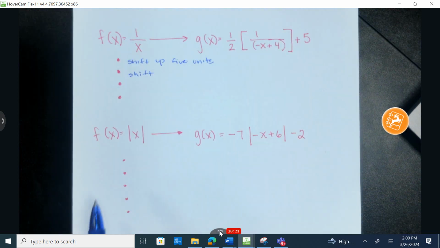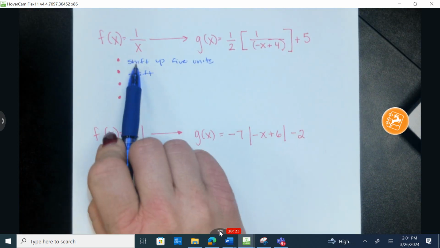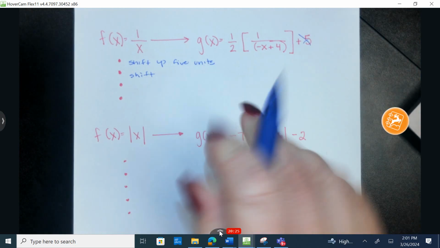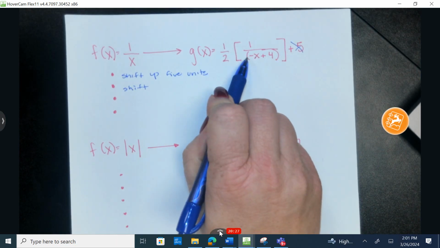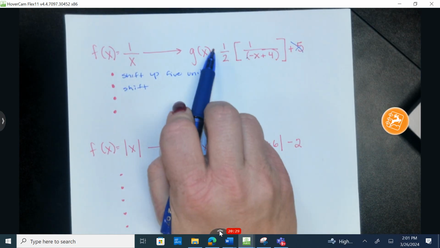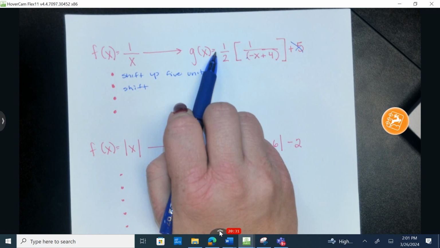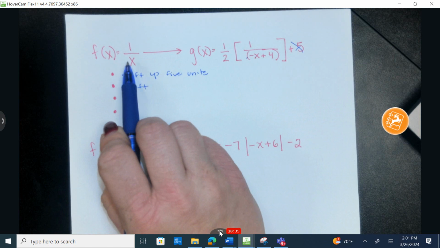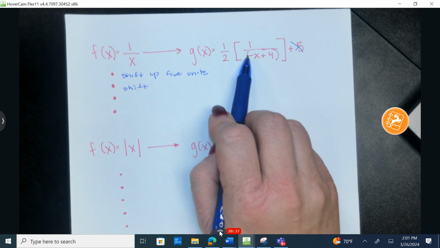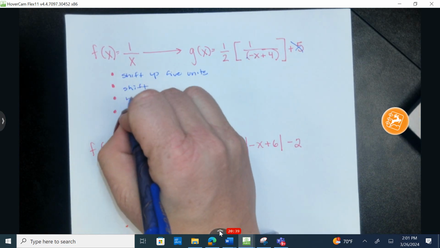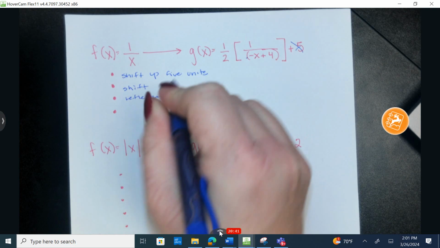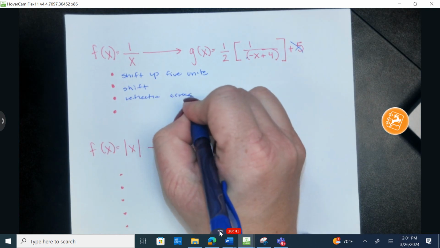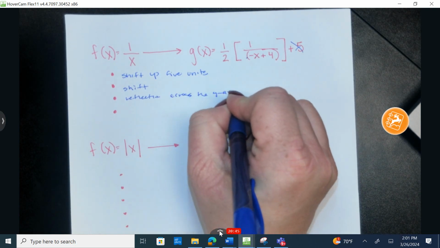Okay, so let's get started here with this problem. I'm going to shift up 5 units. I've taken care of this. Now notice that there's a negative sign in front. When the negative sign is out front, it's a reflection across the x-axis. When the negative sign is put in front of the variable within the problem, it's going to be a reflection across the y-axis.